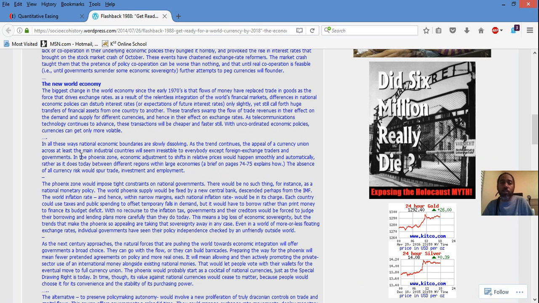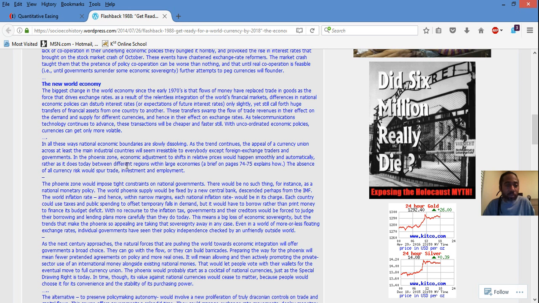But let's just continue because the article is very short. It says, in all these ways, national economic boundaries are slowly dissolving. As the trend continues, the appeal of a currency union across at least the main industrial countries will seem irresistible to everybody except foreign exchange traders and governments.